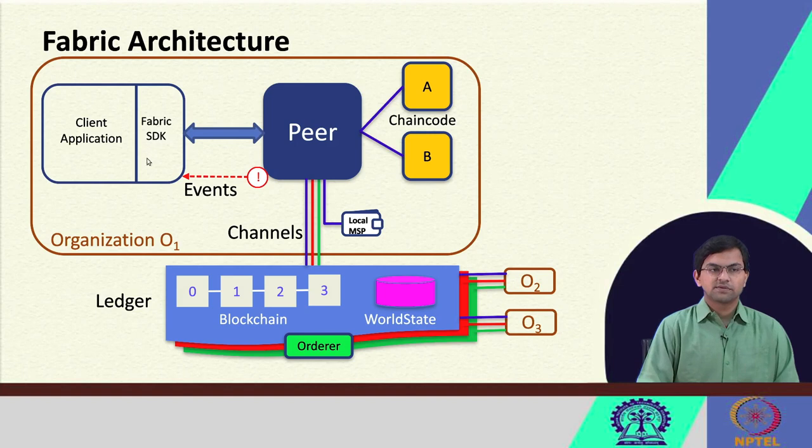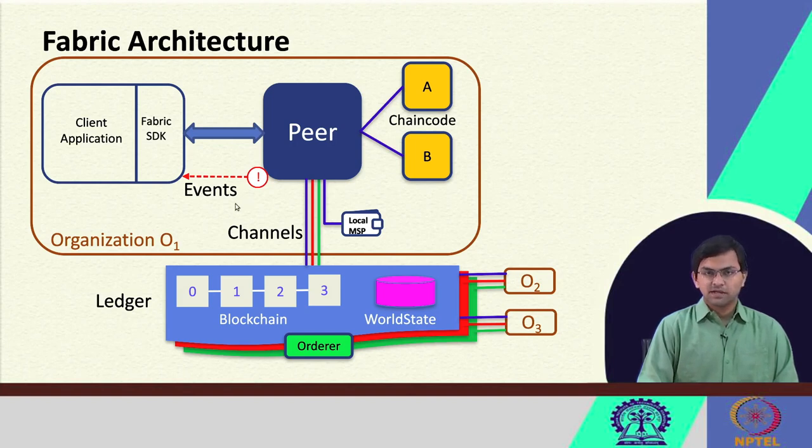The Fabric SDK is the software development kit through which you can write decentralized applications on top of Hyperledger Fabric, and these applications interact with the peer. If your application wants to execute a smart contract, a chain code, or query a particular chain code, it has to go through the peer only, right?